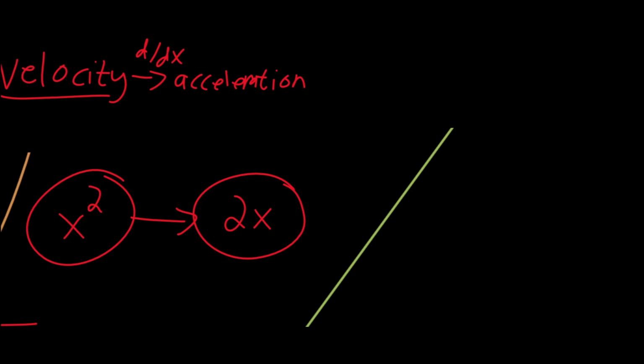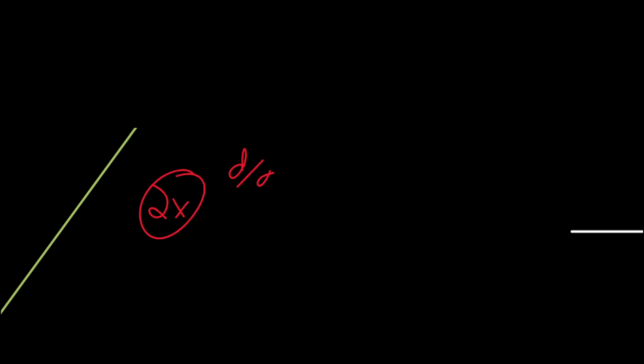So let's think about this one more time and differentiate once more to find our acceleration. If we differentiate this 2x, we apply the derivative, what we're going to get is just 2.